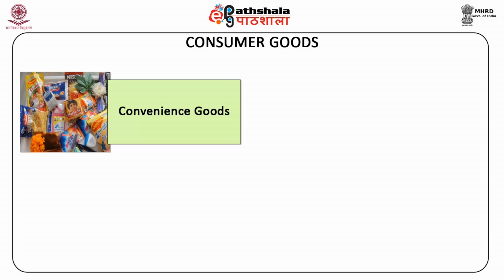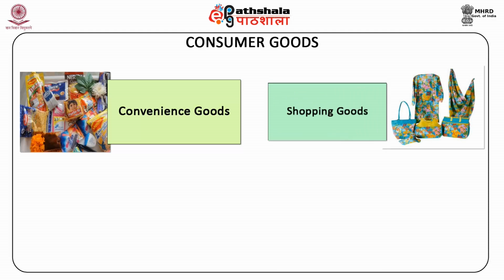In such cases, they are generally not hardcore loyal. What matters the most is the convenience of purchase rather than any other factor. Examples include soaps, detergents, toothpaste, batteries, candies, newspapers, etc.